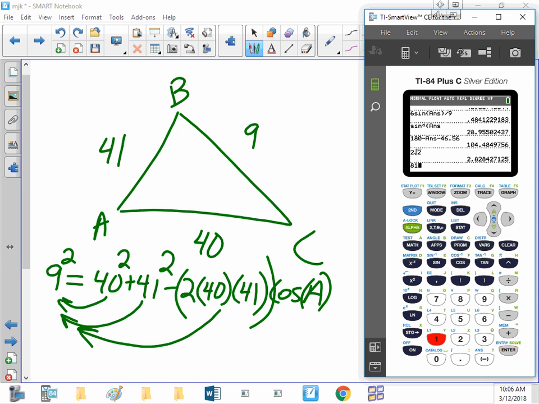So 81 minus 40 squared minus 41 squared. Now what? Divide by negative 2 times 40 times 41, and you have to put those in parentheses if you do it this way. And I should get an answer less than 1, which I did. Now I invert the cosine of the answer, and I get 12.6 degrees.